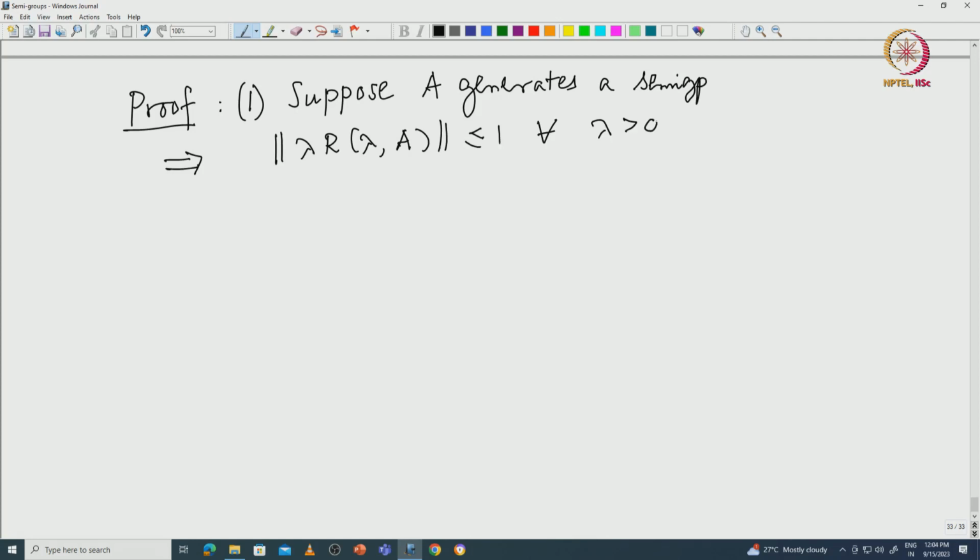So, in particular I can take lambda equal to 1, and that proves the image of I minus A equals X. That is one part, which is very easy. The second part: suppose A is densely defined and A is m-dissipative.